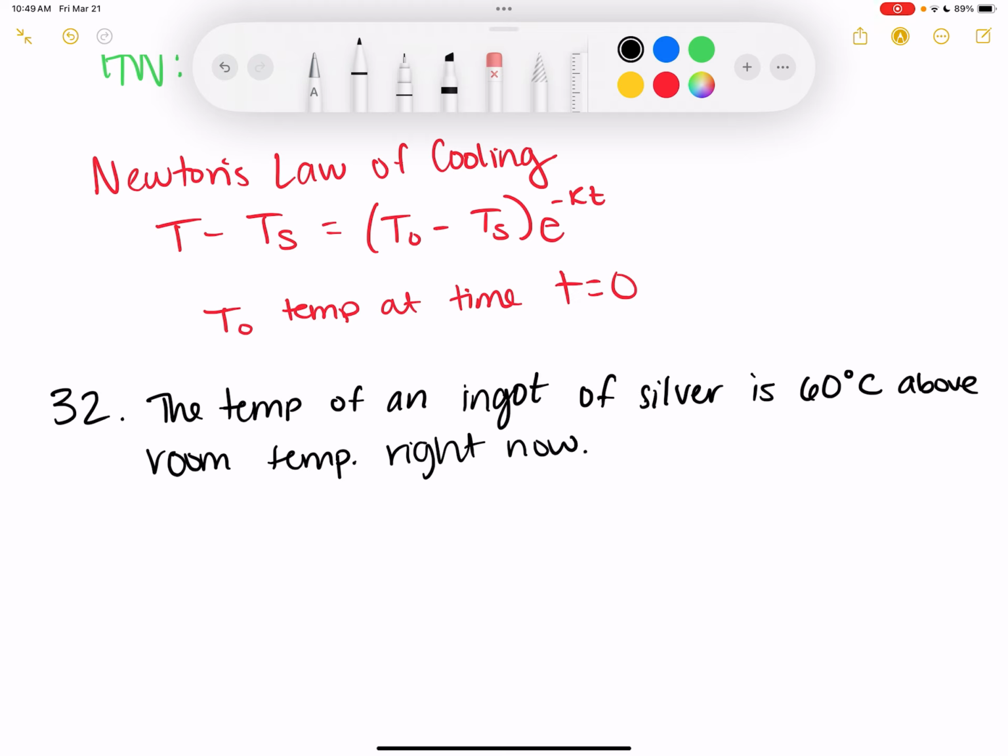I like how they specify right now. 20 minutes ago, it was 70 degrees Celsius above room temperature.